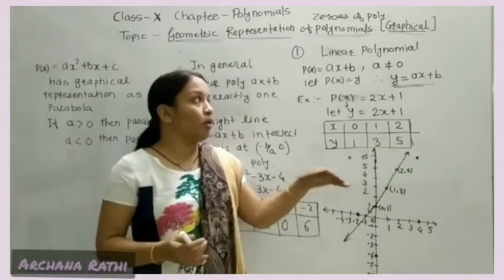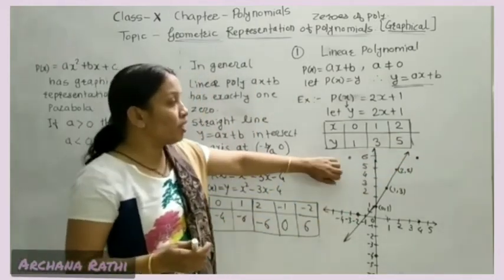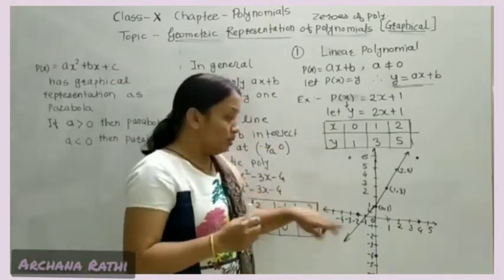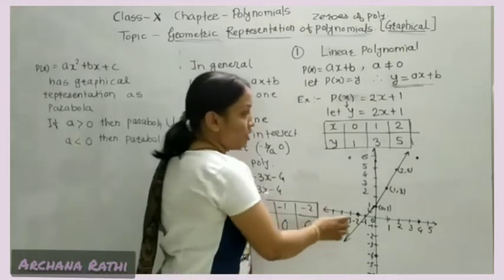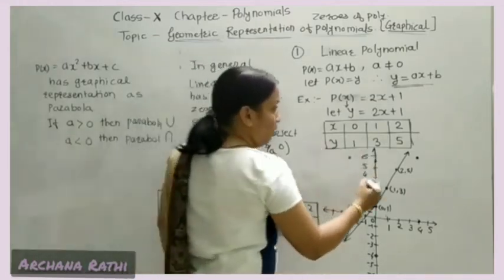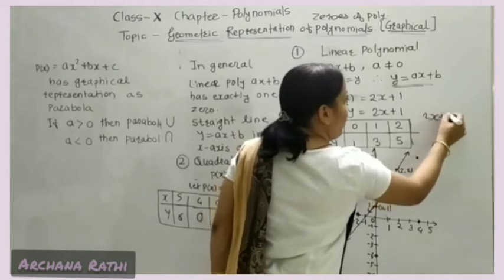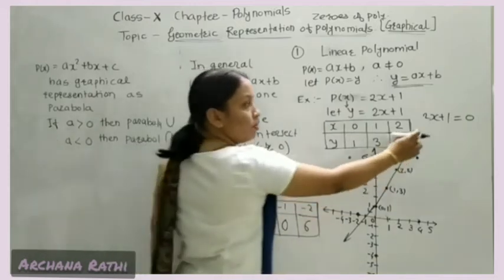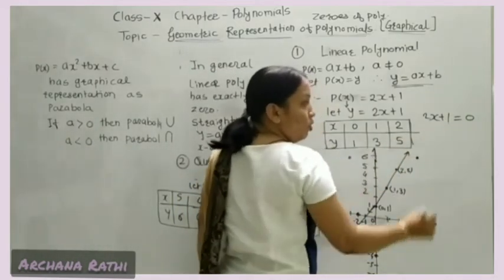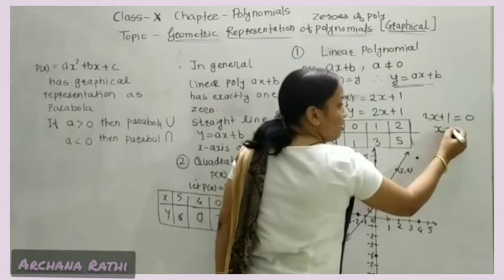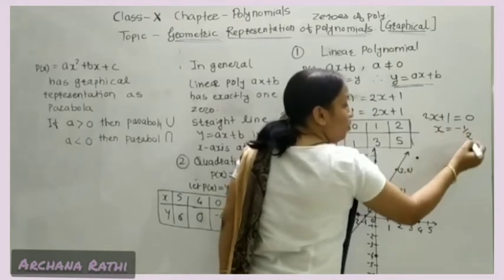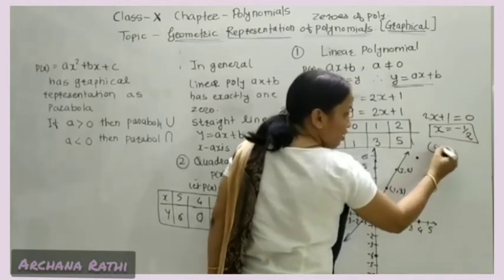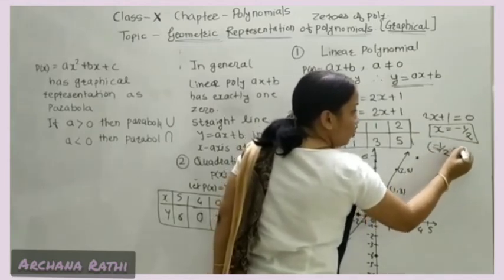But in this video we are talking about the zero of this polynomial and how it is represented on the x-axis. If you want to find the zero, you equate 2x + 1 = 0, therefore x = -1/2. The point of intersection is (-1/2, 0).